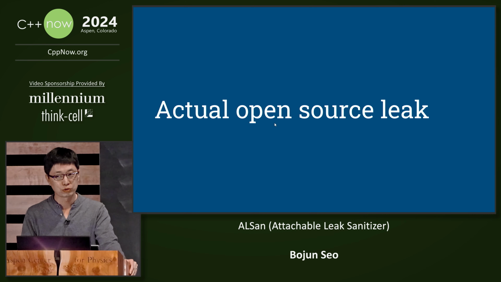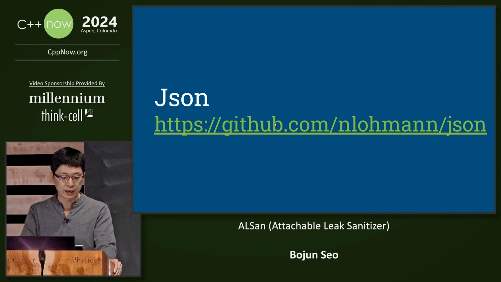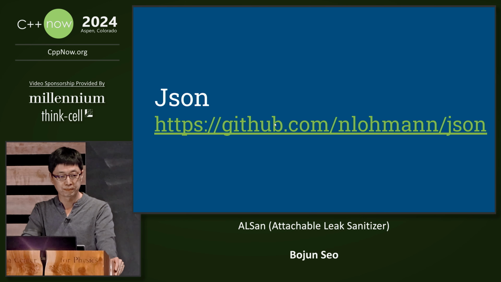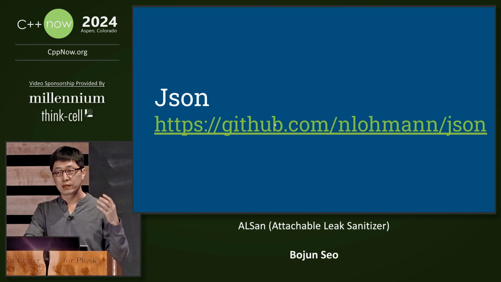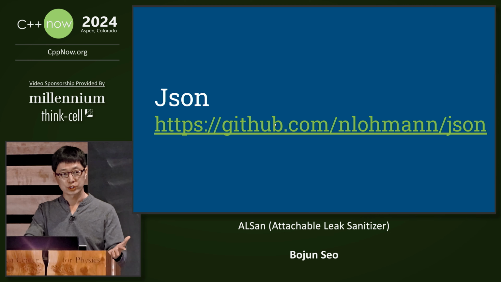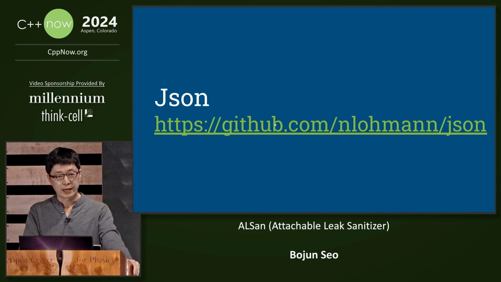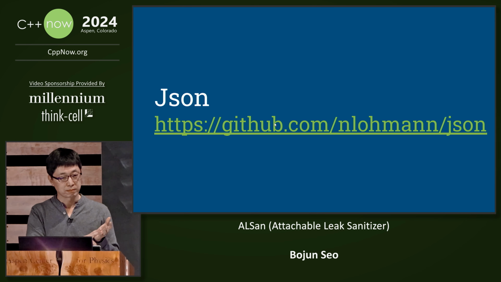Okay, let's go to the actual issue. I applied my attachable Sanitizer to the JSON project, which is one of the very famous C++ projects. Here I searched for memory leak problems in this project, and I found two things, which are already fixed, by the way.